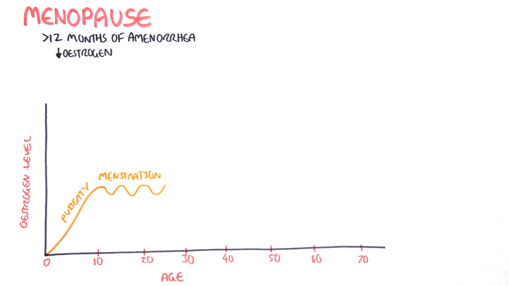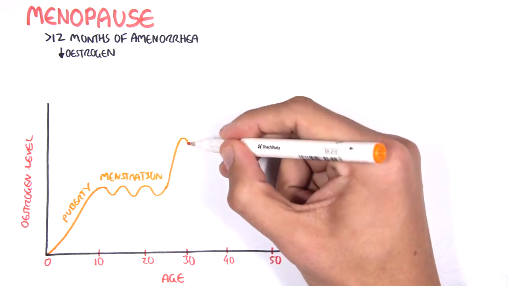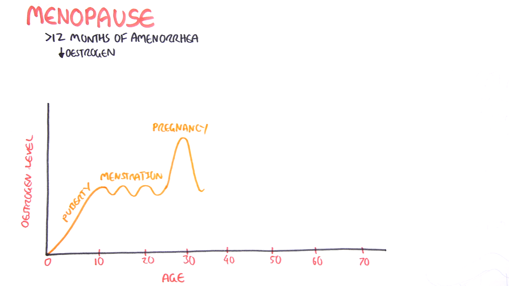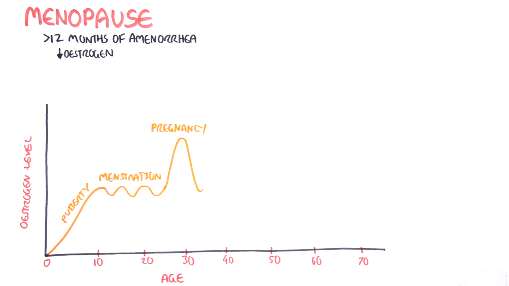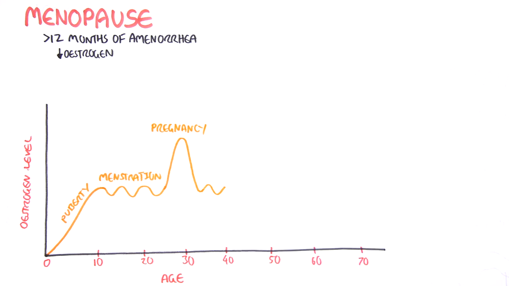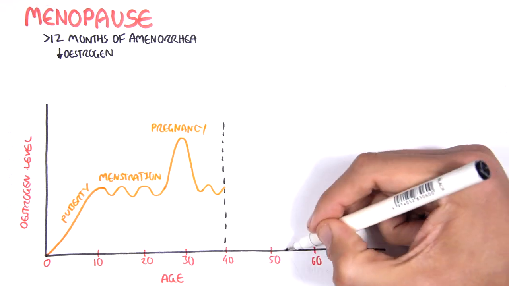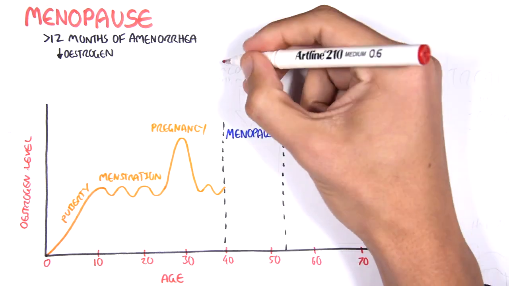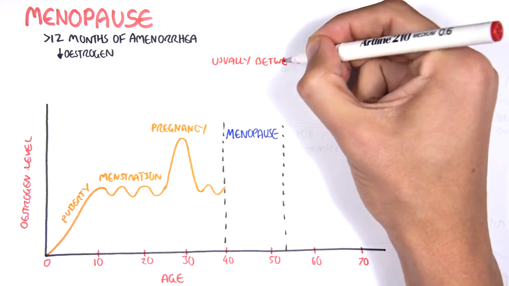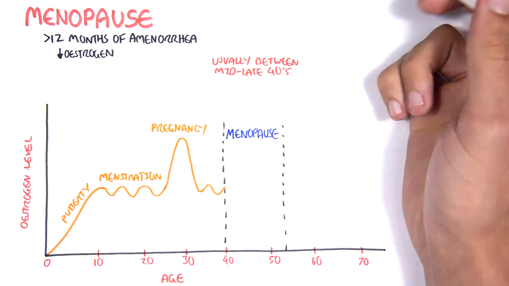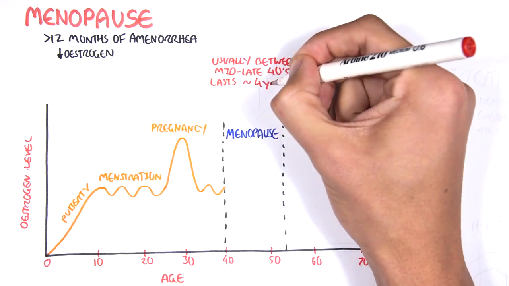Now, during pregnancy, estrogen levels rise. This is in order to prepare the female for parturition and breastfeeding. Then again, there is normal menstrual cycle with estrogen concentrations fluctuating till about 40 years old, when women tend to hit menopause. Now, menopause usually occurs between mid to late 40s and lasts for about 4 years.